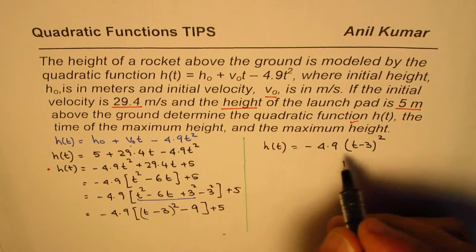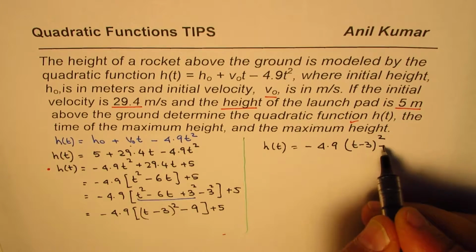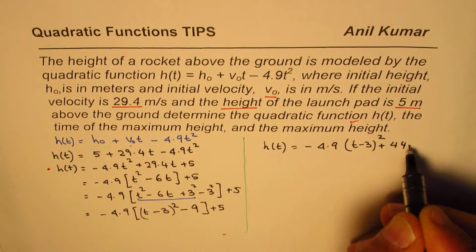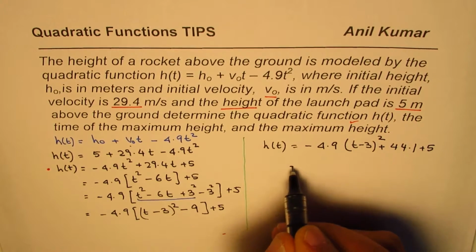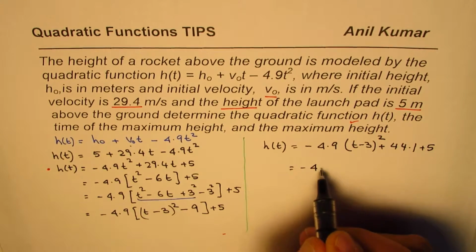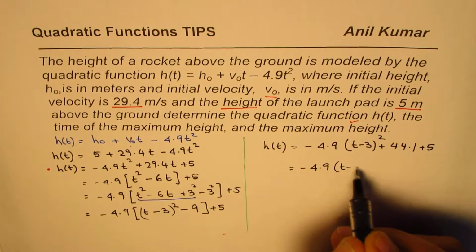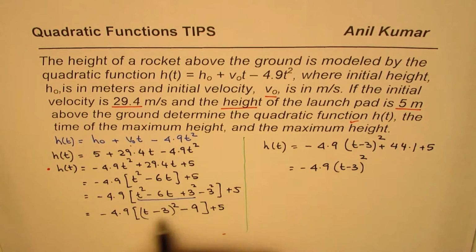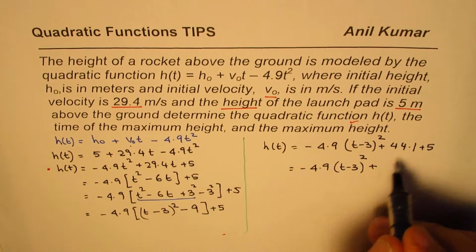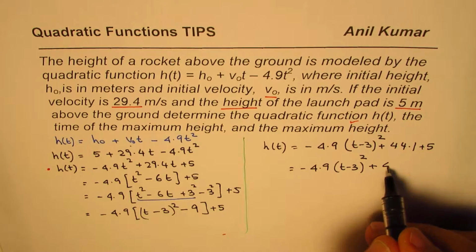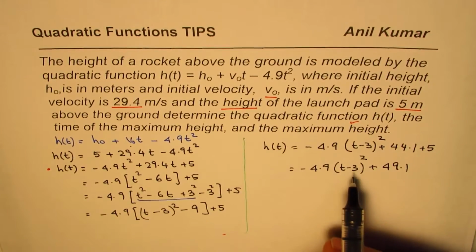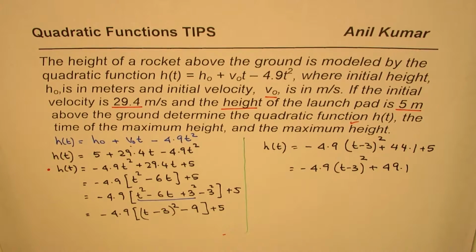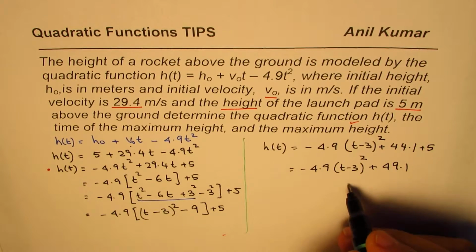So it is 44.1 with a plus sign, plus 5. Okay, so that gives us −4.9 times (t − 3) whole squared, and let's add them up. 44.1 plus 5 is 49.1, right? So that is the parabola in the vertex form.